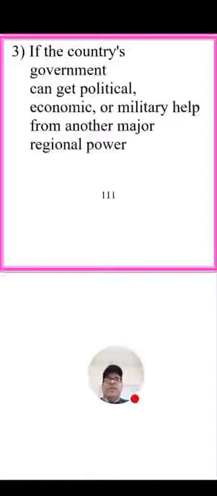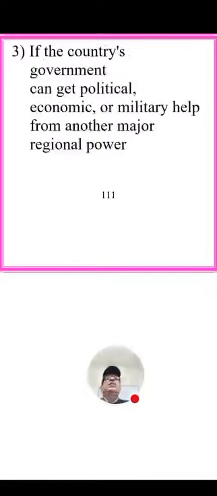And number three, if the country's government can get political, economic, or military help from another major regional power. In other words, an alternative source of support. So these three things influence the leverage of Western countries over other countries.